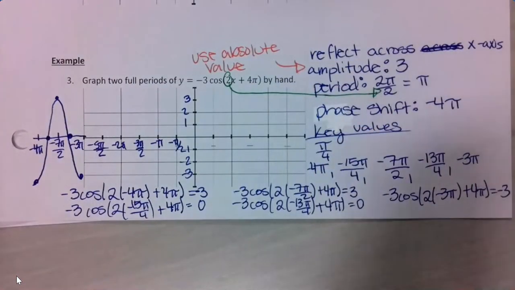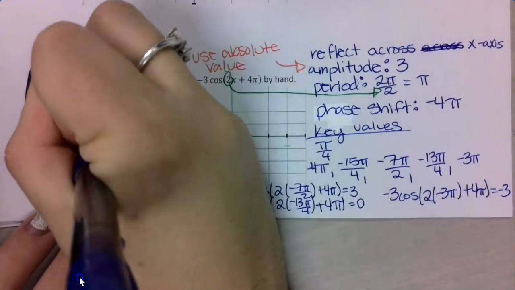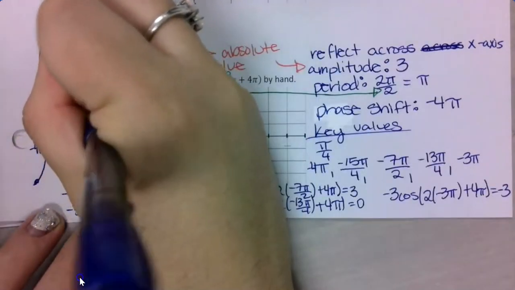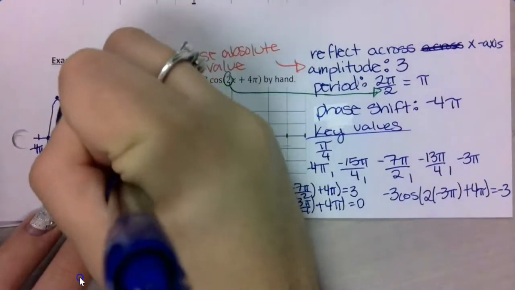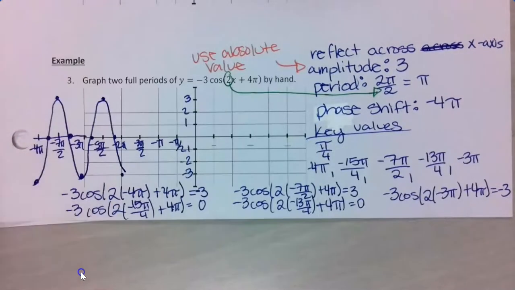Let me put that up really quick. So repeating this is going to give me every half of the x-axis. I am moving the dot. So it's going to look like that.